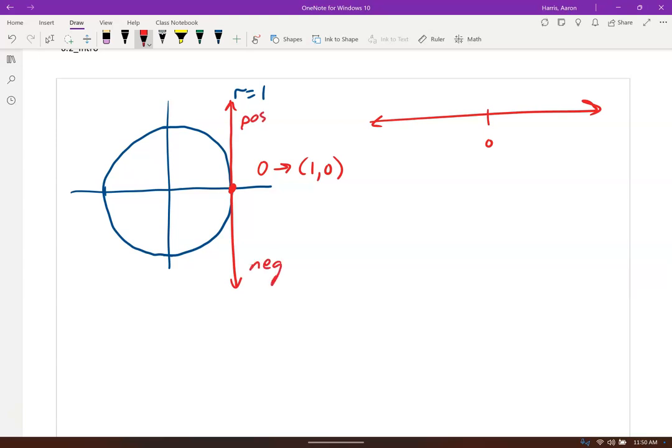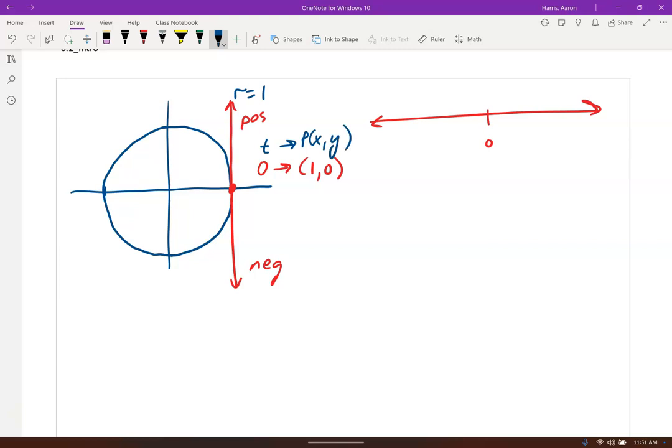What we're going to do is we're taking the real number line, we're projecting it to a point on the unit circle. So for any unique t real number on the real number line, there's a unique point x, y.